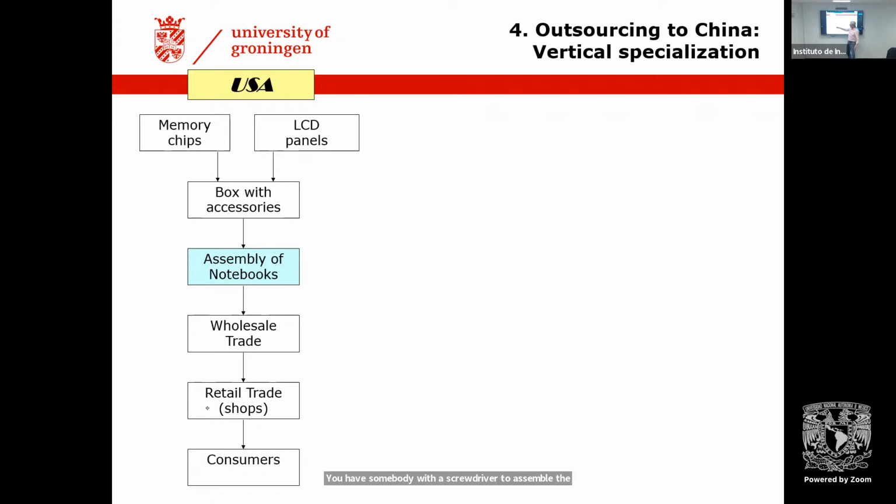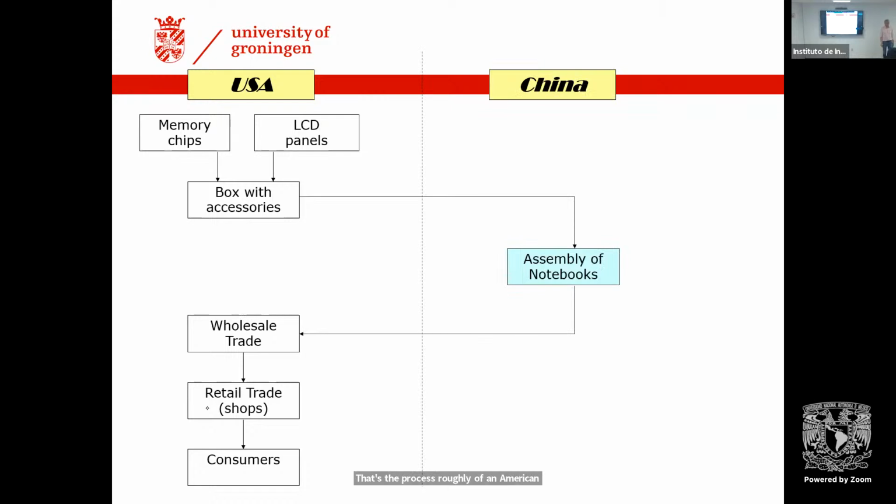And then the notebook goes to wholesale and retail trade, and then it ends with consumers. That's roughly the process of an American notebook. Now, this is what at a certain stage happened. They said, okay, the box with accessories, we send it to China. We have some Chinese labor playing with a screwdriver, and they send the notebook immediately back to the US, where it goes into the wholesale trade.